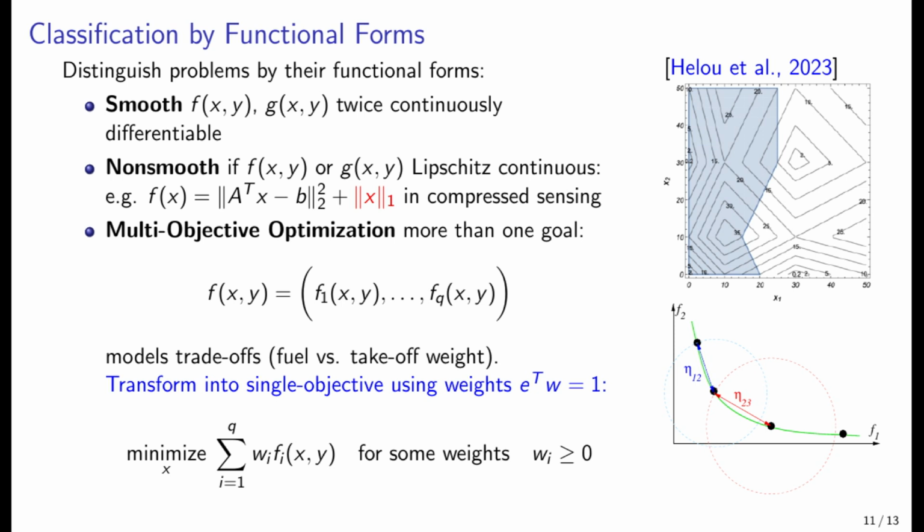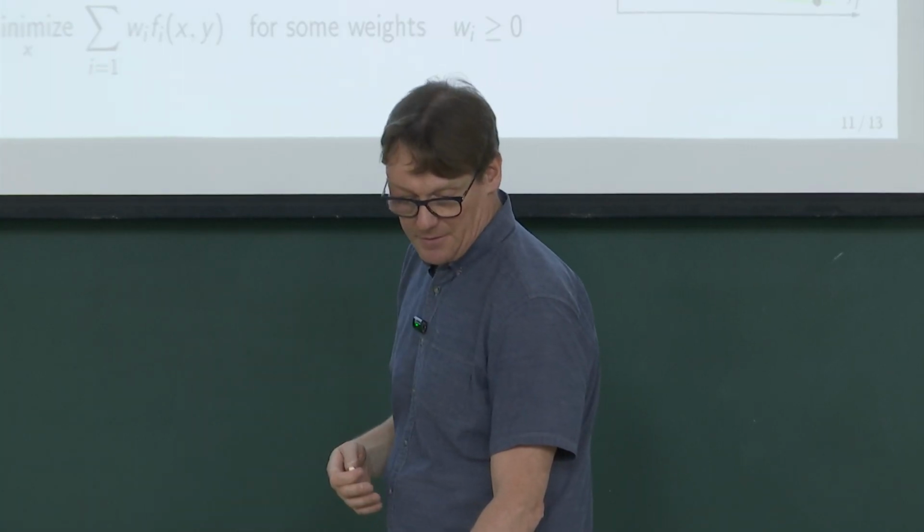So here I have two objectives, F1 and F2, and there's this notion if the problem is convex, there is a Pareto front, those are the green points there, or the green line, and what we're interested in now is maybe choosing different weights to explore this Pareto front and finding different black points on this Pareto front. But that makes the problem much harder because you have to solve an optimization problem each time you want to find one of those points.